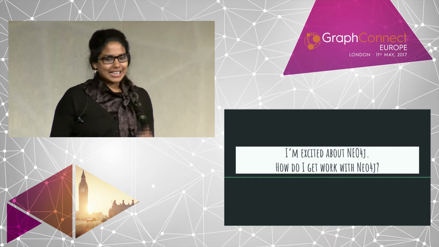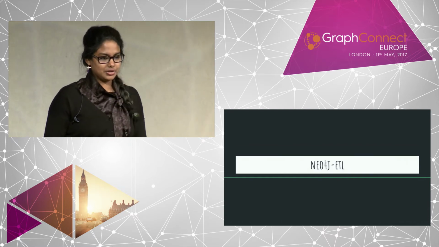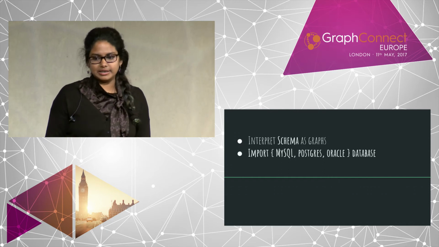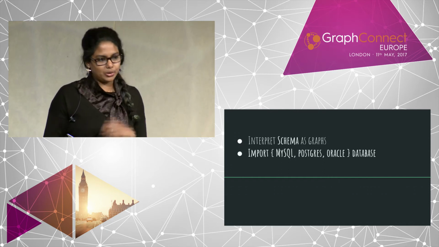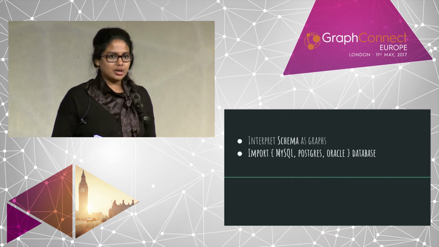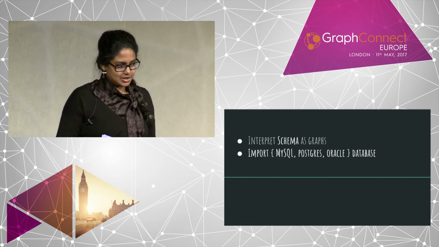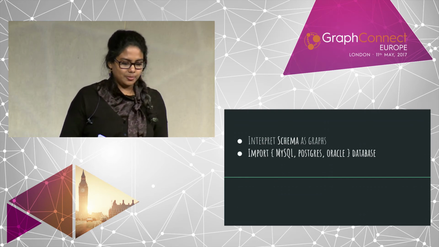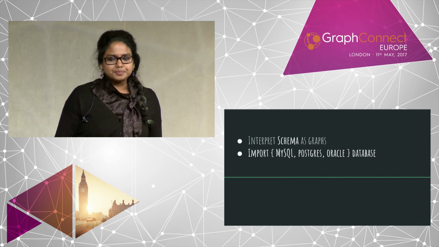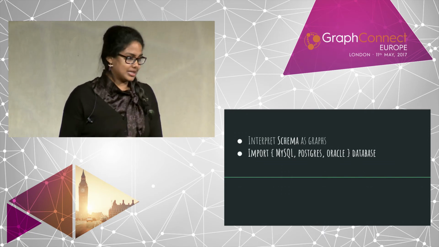If you're excited about Neo4j and want to start working with it now, and you already have data lying around that you would like to import into Neo4j and play around with, we have a bunch of tools. I'll be demoing Neo4j ETL, the tool that we developed to interpret schema as graphs and do the import as well.